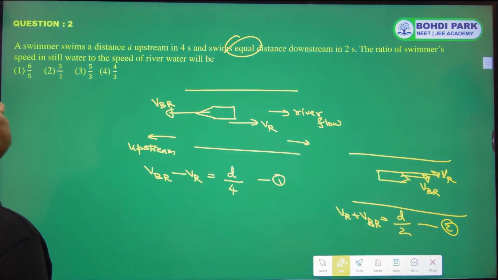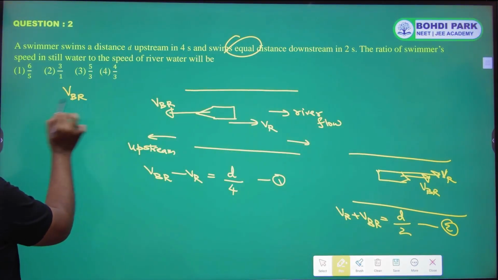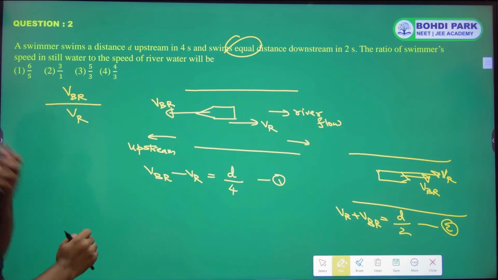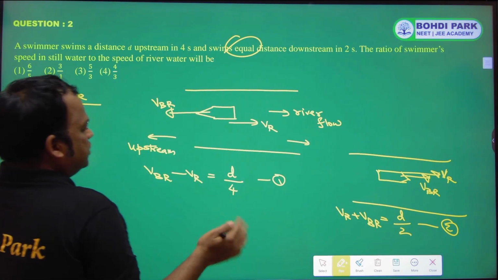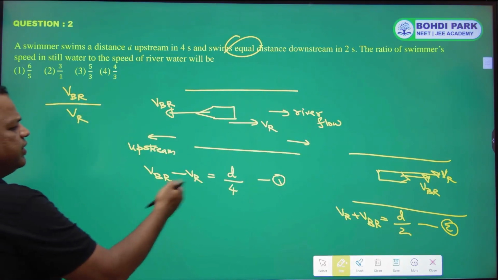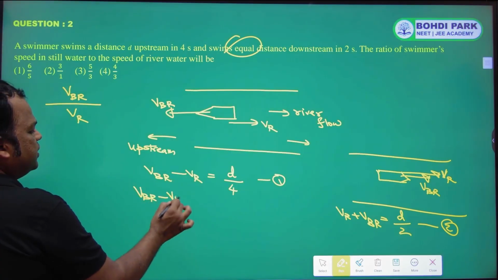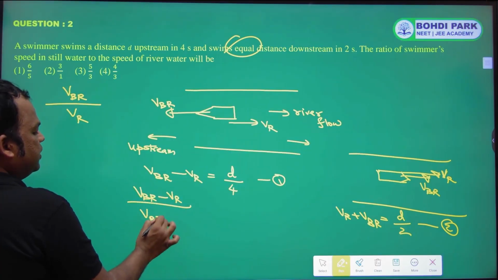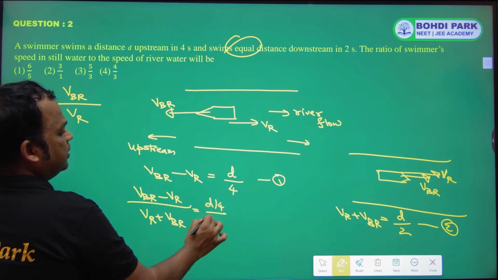So ratio of the swimmer's speed in still water to that of speed of river. So we have to find VBR by VR. Now we can do that by dividing these two. We get VBR minus VR divided by VR plus VBR is equal to d by 4 divided by d by 2.